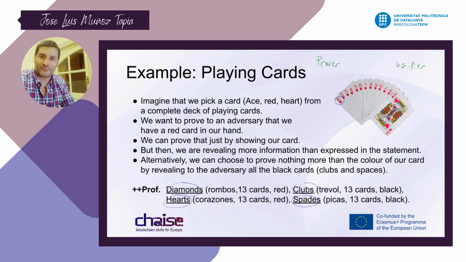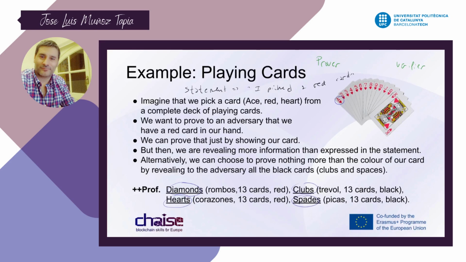This is very important in zero knowledge proofs: you just define the statement. And in this case, the statement is I picked a red card. So how can I prove to you that I picked a red card?